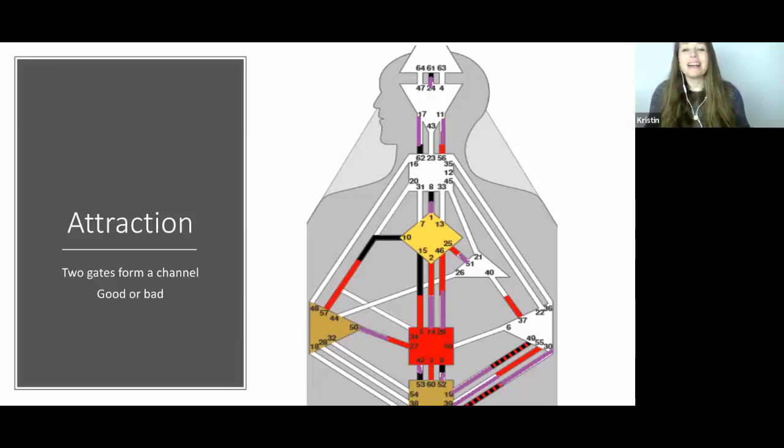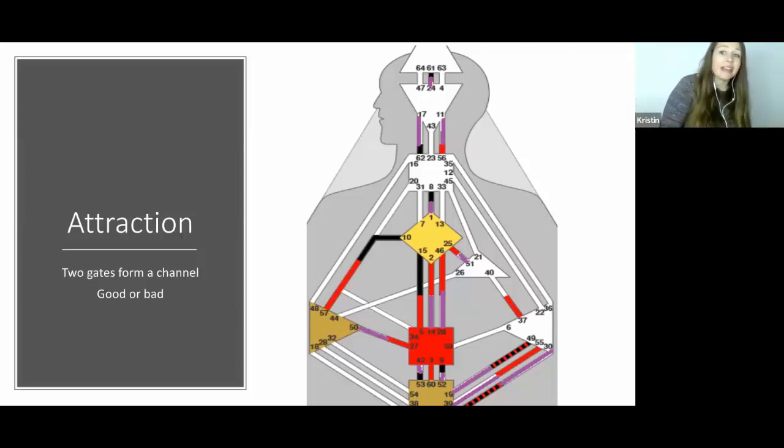Now, just because you have a lot of attraction, meaning you have another half of a channel with someone else, it doesn't mean that it instantly creates attraction. Sometimes like in human design, you either have it or you don't. You either have the energy as a high expression or the low expression. And so just because you have a lot of attraction with someone else, it doesn't mean that's always a good thing.